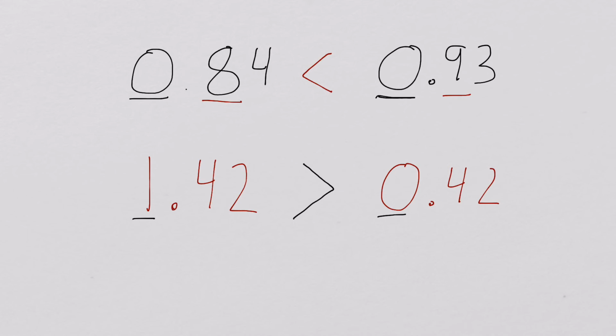Let's take a look at two more, and these will probably be the trickiest ones that we work with. Here we have 0 and 7/10, and we're comparing it to 0 and 35 hundredths. Now your initial reaction might be to say that 0 and 35 hundredths is bigger, because 35 has to be bigger than 7. But what you need to realize is this 7 in the tenths place and this 3 in the tenths place here, well, 7's bigger.